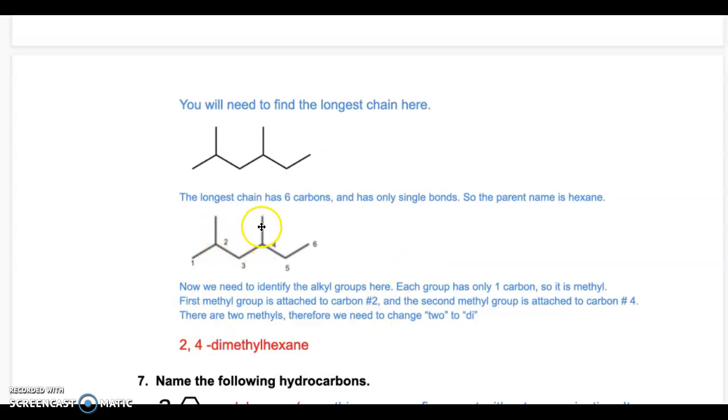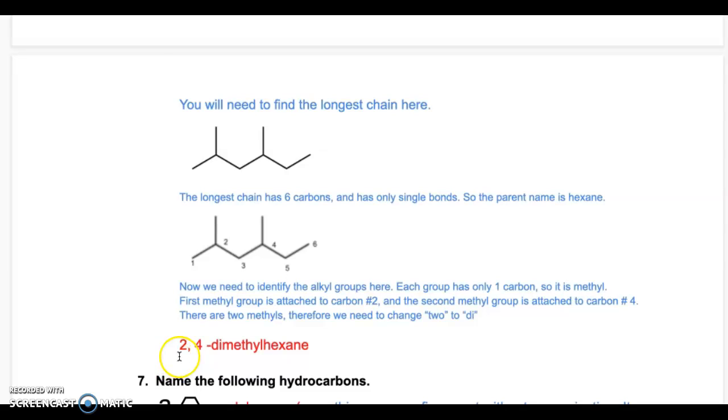There are 2 methyl groups, but we do not name anything as 2 or 3. Remember, we changed them to Latin. 2 means di. So if you have 2 methyl, remember it's an alkyl group, so the suffix changes to YL, not methane, but methyl. So dimethyl, and you make sure that you specify where exactly they are located.